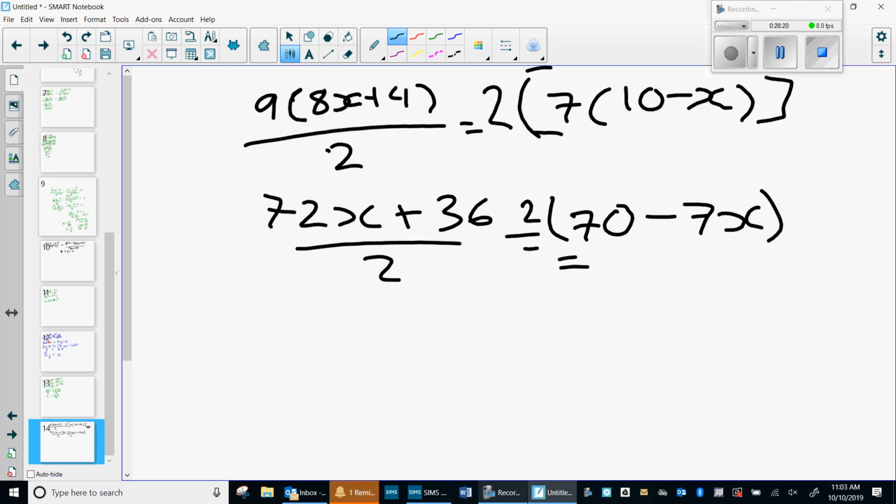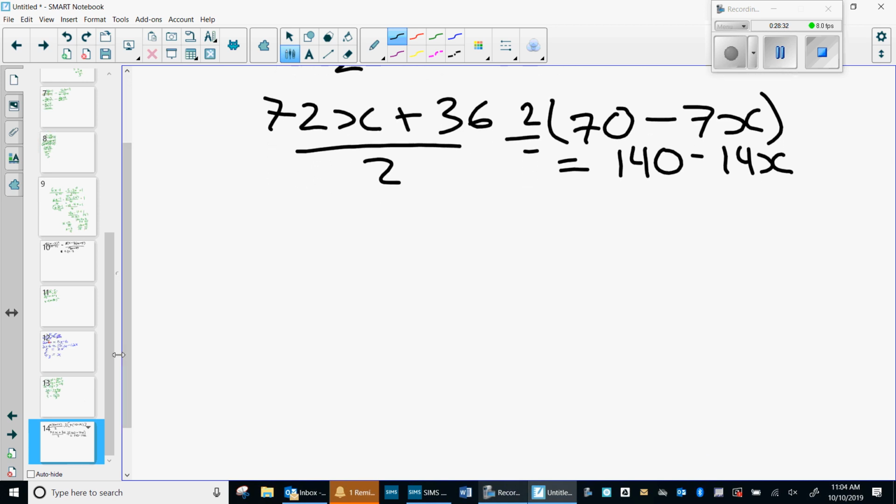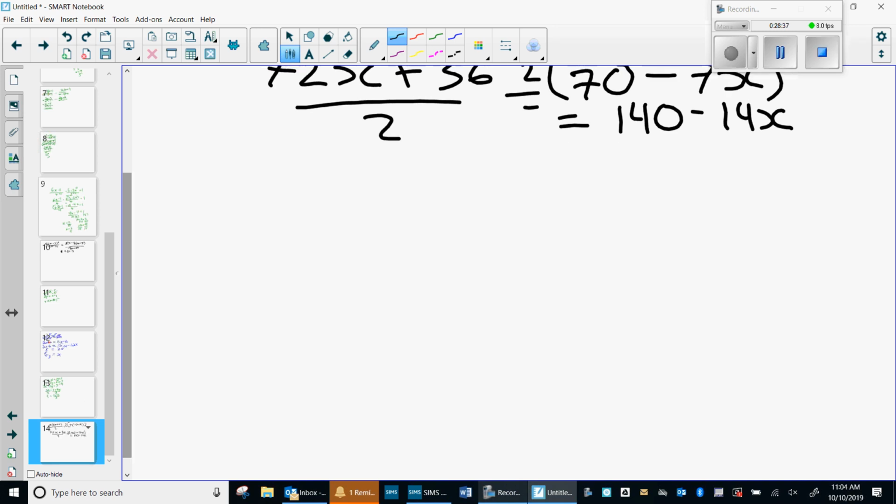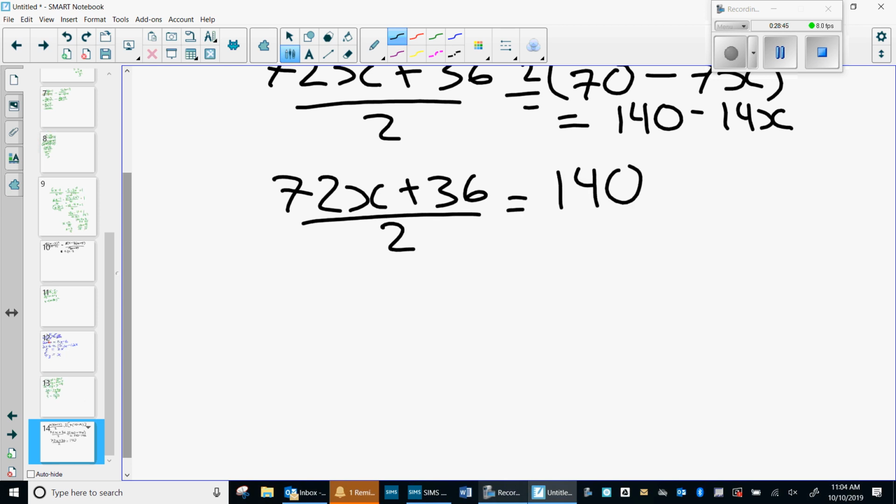That equals 140 minus 14x. So let's write this out properly: 72x plus 36 over 2 equals 140 minus 14x.